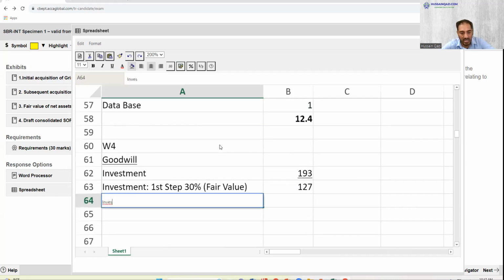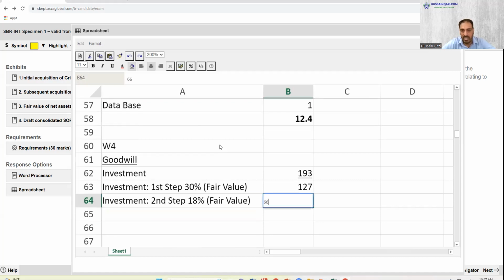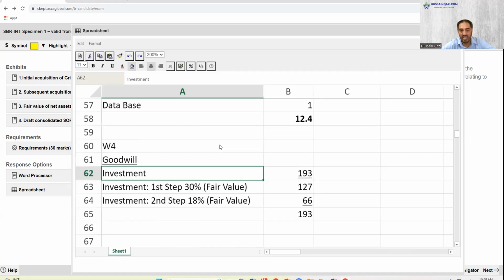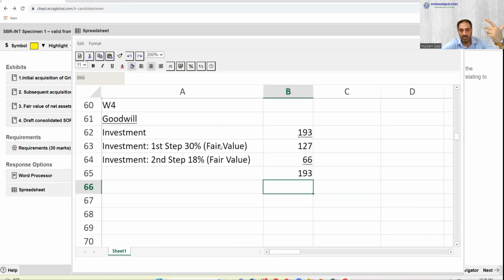And the investment, second step, 18%, that's already fair value, meaning at the date of purchase, 1st April XX, 66. So the total is 193. You can do it this way, no worries. It's your option: either directly calculate 193 or build it up accordingly.